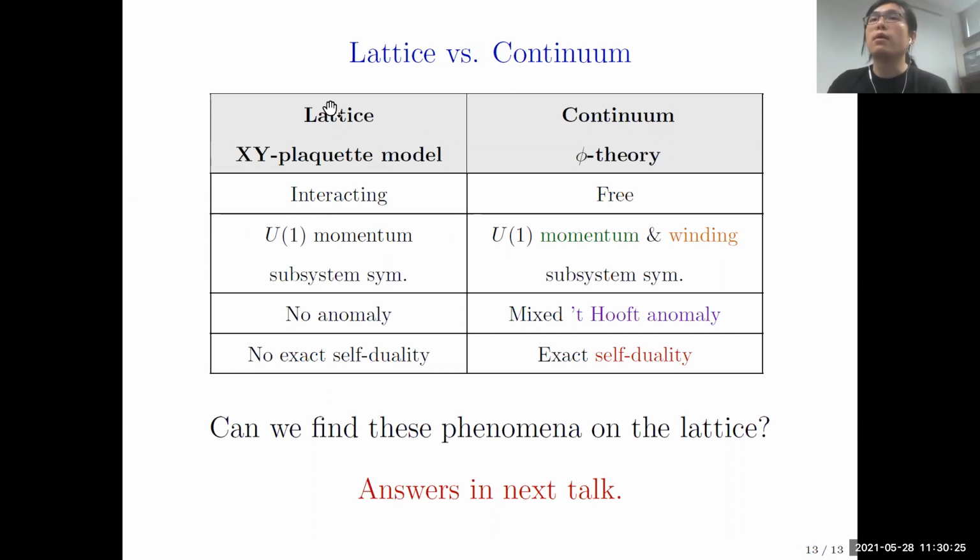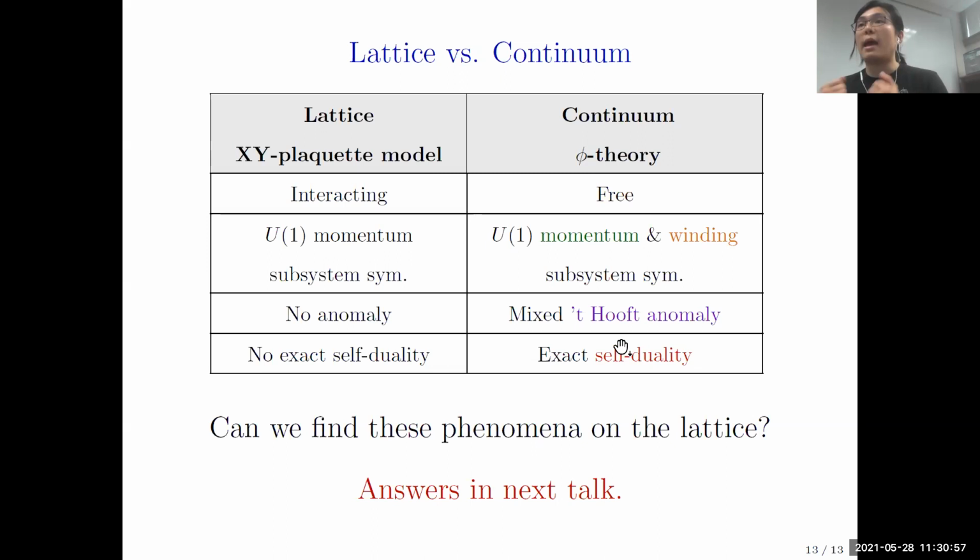On the lattice, we have an XY plaquette model, which is an interacting model. In the continuum field theory, we have a free field theory of phi. Both the lattice model and the continuum field theory have a U1 momentum subsystem symmetry. The continuum field theory also has an emergent winding subsystem symmetry, which can have a mixed Toph anomaly with the U1 momentum subsystem symmetry, and it also exhibits a self-duality.